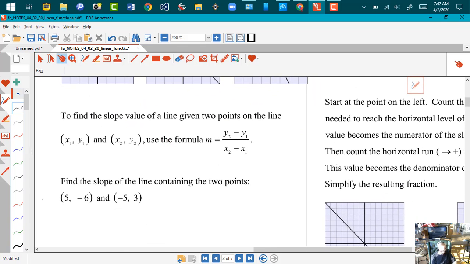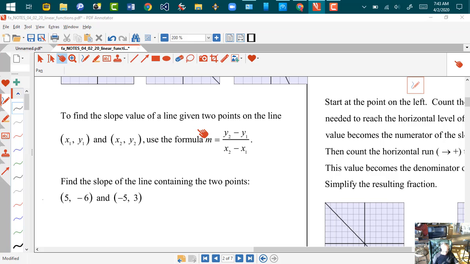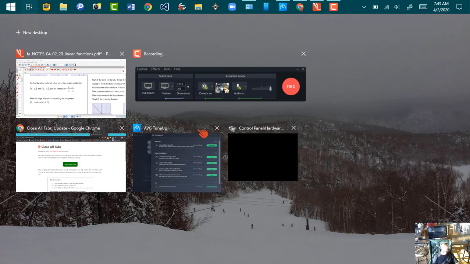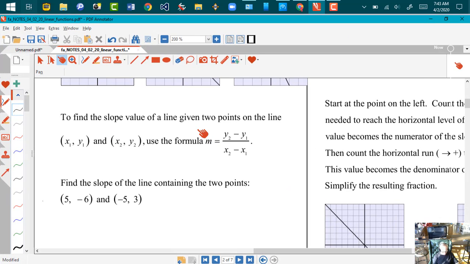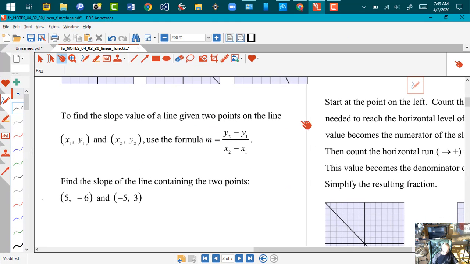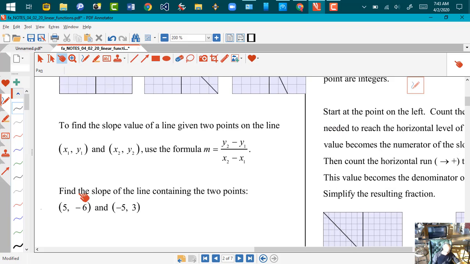Okay, so the formula for finding the slope of a line, given 2 points, is you subtract the y values, and then you divide by the difference of the x values, which you subtract as well. So really, the surefire way to do it is to write x1, y1, and x2, y2. And it's important that you subtract in the same direction for both x's and y's.